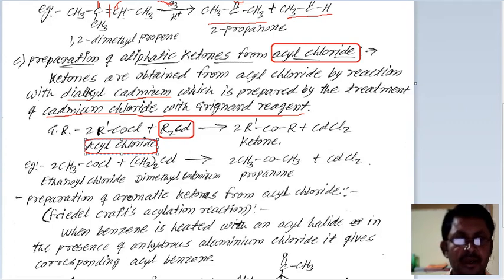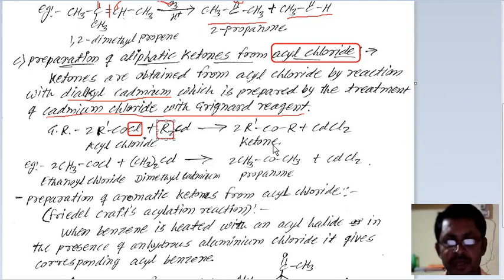What happens here? There is a replacement of the chlorine atom by these alkyl groups. There are two molecules of RCOCl: for one molecule, one alkyl group; for another molecule, the second alkyl group.